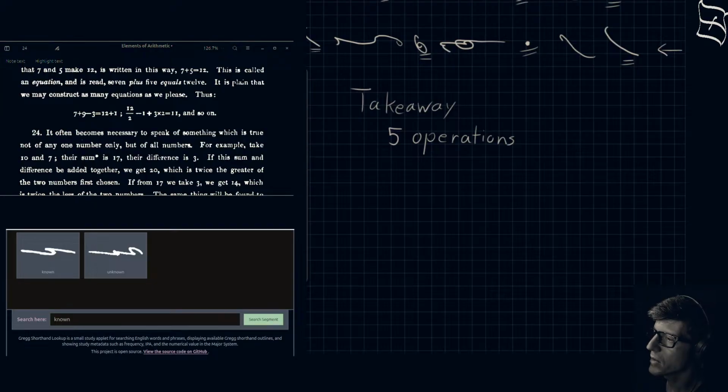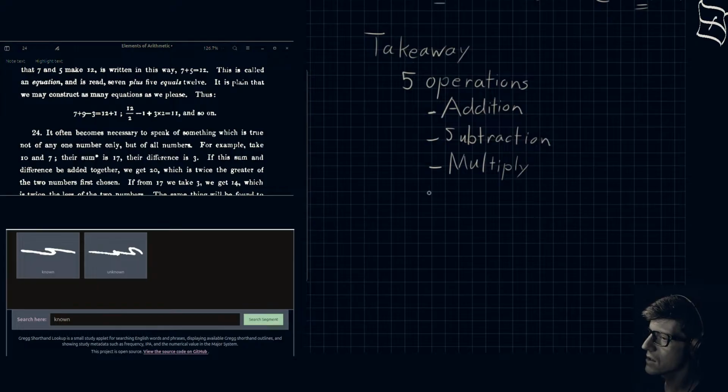Those 5 operations are going to be addition, subtraction, to subtract quantities, to add quantities, to multiply quantities, to divide quantities, and I'm using that word quite deliberately there.